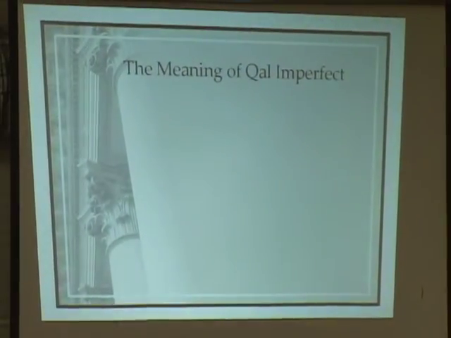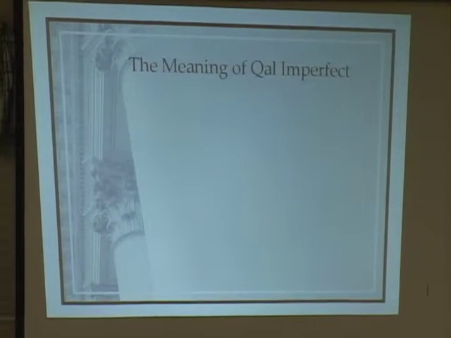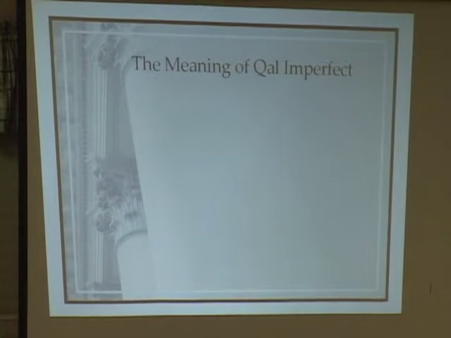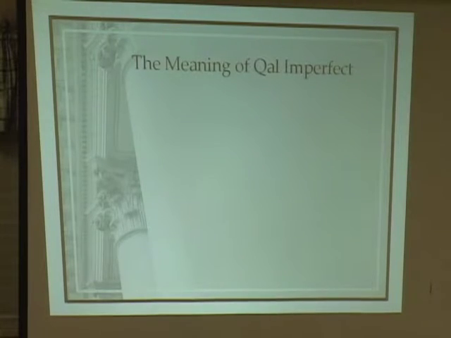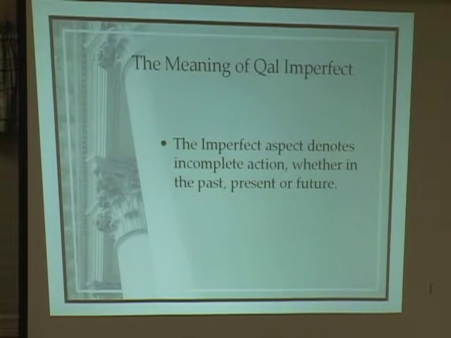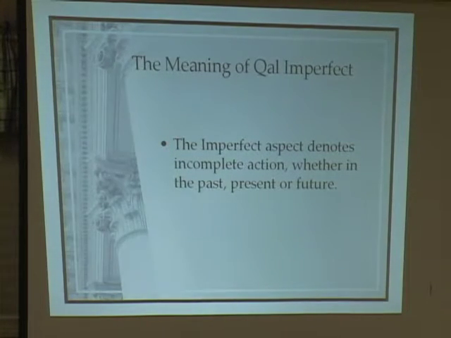And of course, you have to always look at the context as your guiding principle. The imperfect aspect denotes incomplete action, whether in the past, present, or future. So we mentioned present and future so far, but it could also be past, because would or should are actually words denoting past, looking to the future.